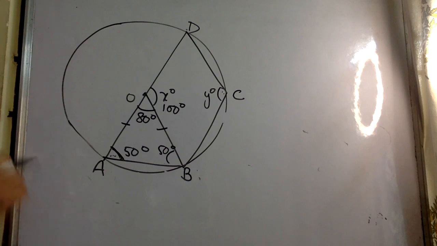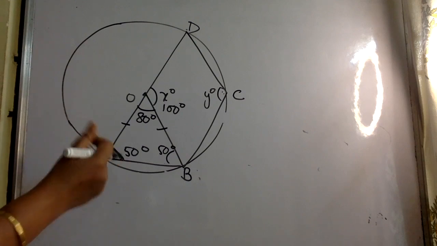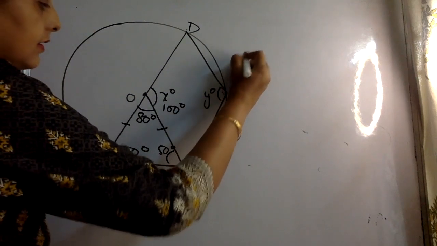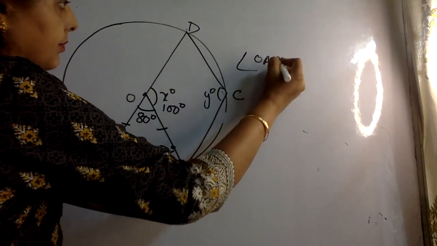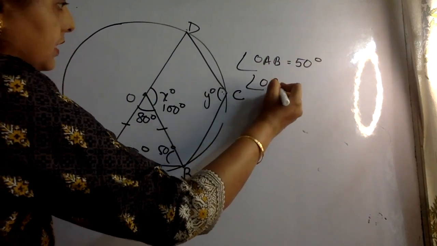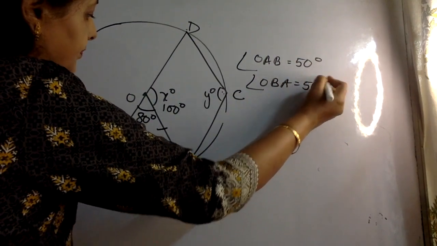Okay, so let me now write down the steps. Angle OAB is 50, that was given to us. Therefore, angle OBA is also 50.